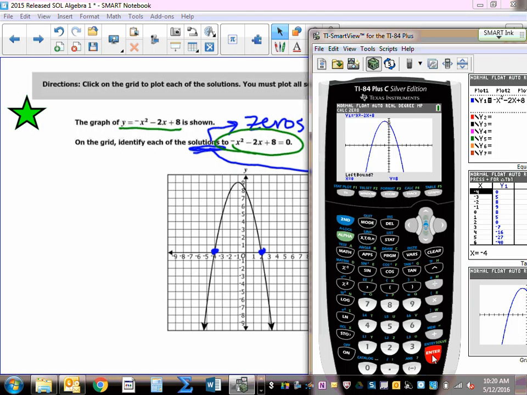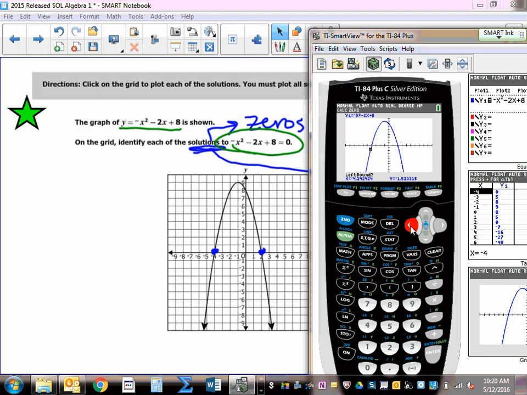So it asks you left bound. What it's telling you to do is get close to one of your solutions, one of your x-intercepts. So you hit the left arrow. You keep going left until you cross that x-intercept. It is like a roller coaster. And I'm now on the left side of it.